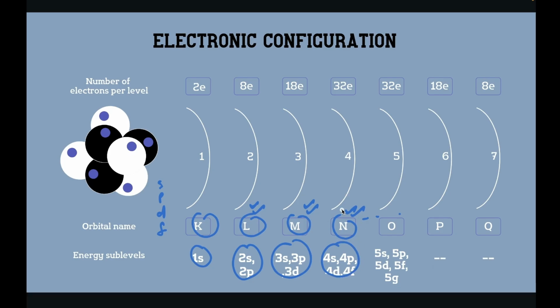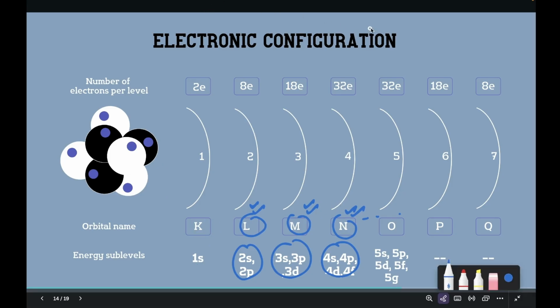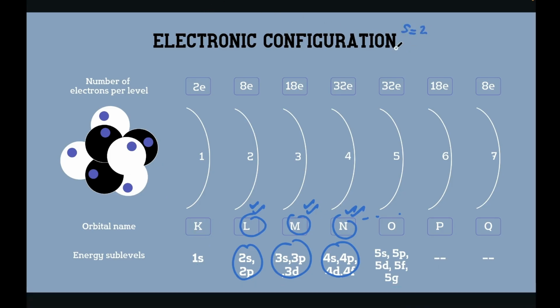So each subshell can hold a fixed number of electrons, like S can hold 2 electrons, P can hold 6 electrons, D can hold 10 electrons, and F can hold 14 electrons, because S has one orbital, P has 3 orbitals, D has 5 orbitals, and F has 7 orbitals.